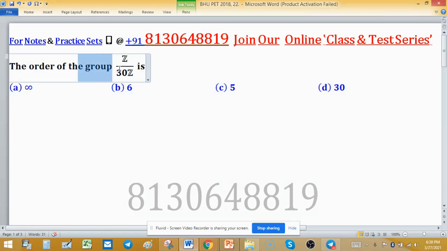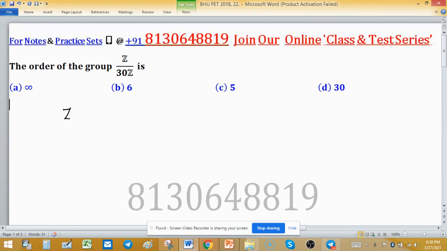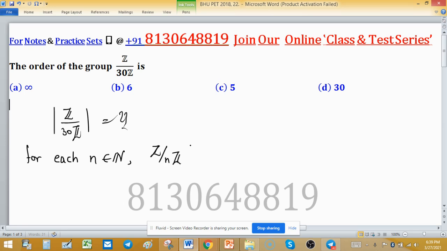The order of the group Z over 30Z is? We have to find the order of this group. We know that for each natural number n, Z over nZ is isomorphic to Zn.